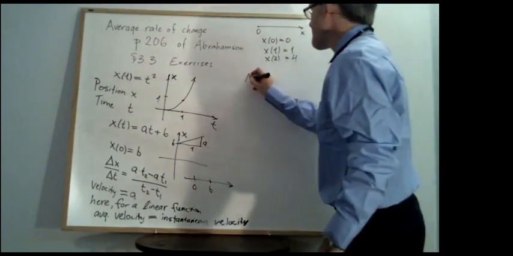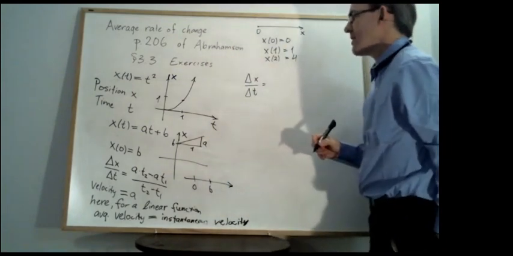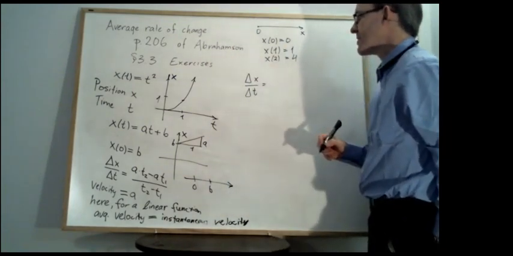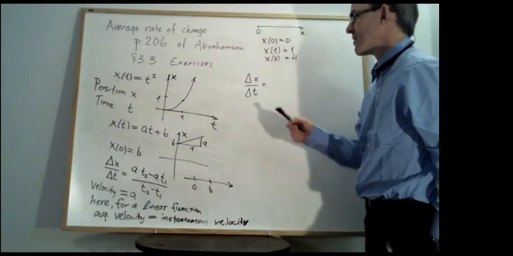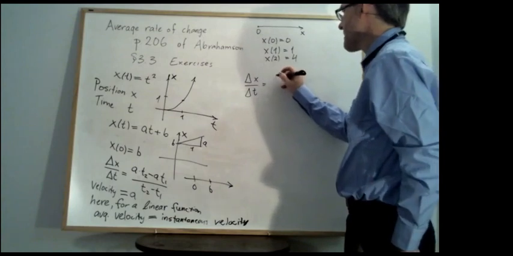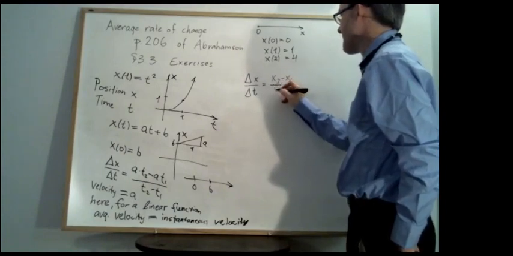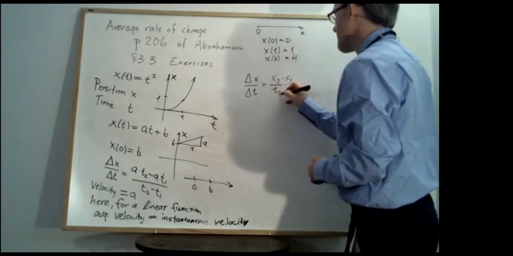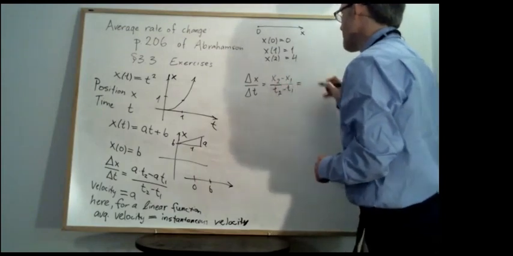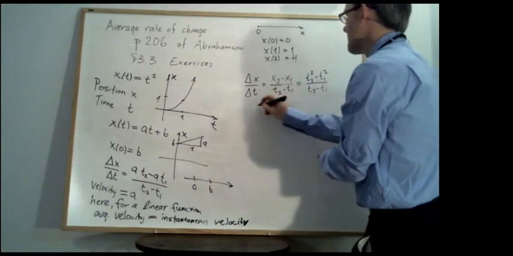So now the rate of change of x with respect to time is going to change depending on the interval chosen, or the endpoints of the interval chosen. Here we have x2 minus x1 over t2 minus t1, which is t2 squared minus t1 squared over t2 minus t1.